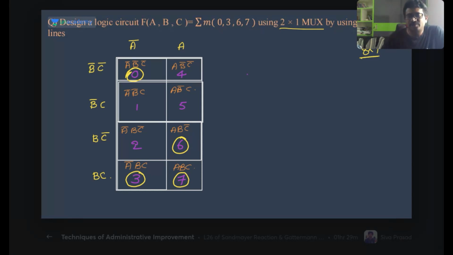Now, the first min term is 1 into B bar C bar, so we get B bar C bar.